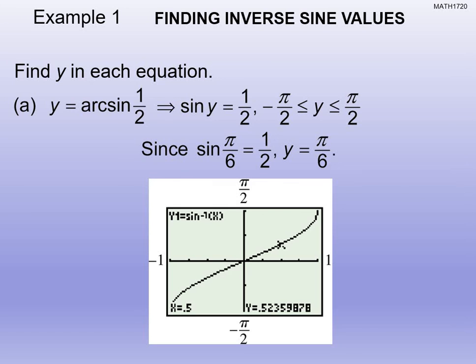This function oscillates vertically now, because that's where the negative 1 and the 1 come from on the x-axis. Hopefully that helps explain it. But the answer to y equals arc sine of 1/2 is going to be pi over 6. We're asking ourselves, what angle, what theta associated with sine, gives me a ratio of 1/2.